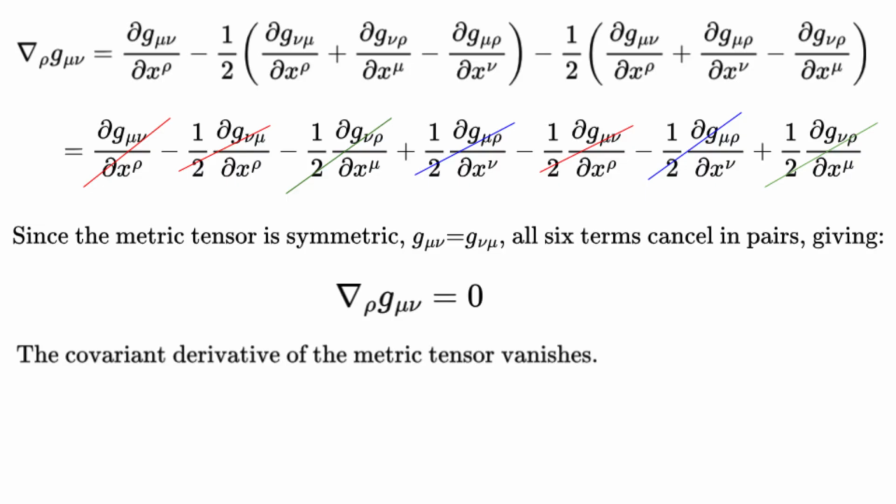Since the metric tensor is symmetric, g mu nu equals g nu mu. All 6 terms cancel in pairs, giving nabla rho g mu nu equals 0. The covariant derivative of the metric tensor vanishes.